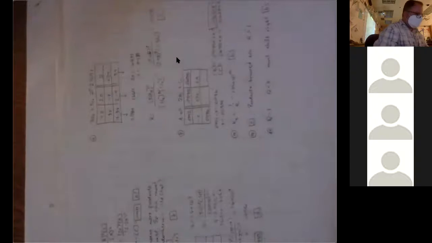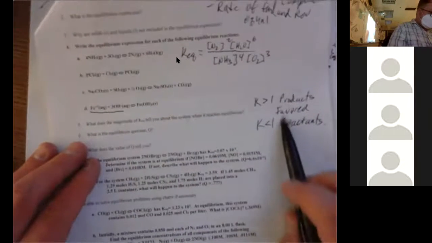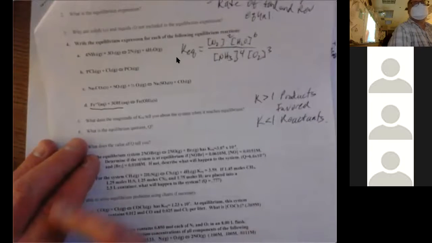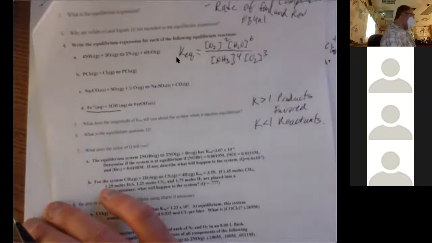And then I will also add this to the review. Number 5. All right, that's what this is. The magnitude of K: if K is greater than 1, products are favored. If K is less than 1, reactants are favored.